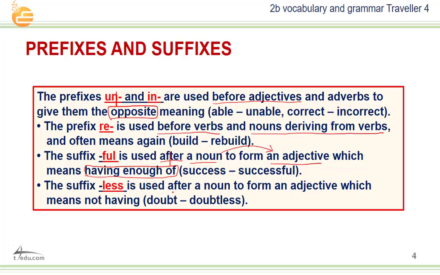So it makes a noun into an adjective, which means not having. Like doubt, doubtless. Doubt means you are not sure, you doubt. Doubtless, you don't doubt. There is no doubt.